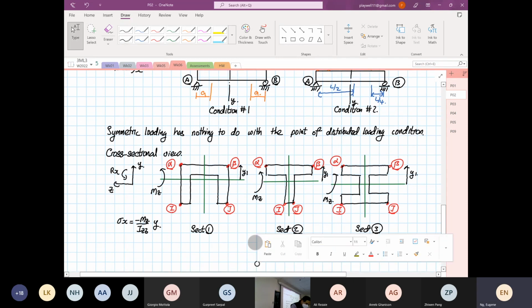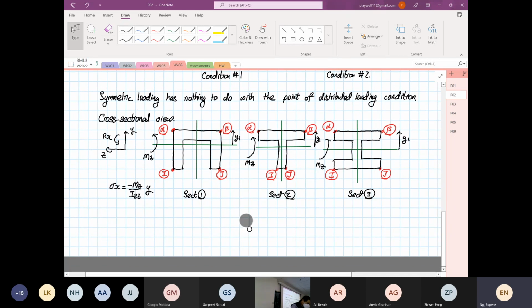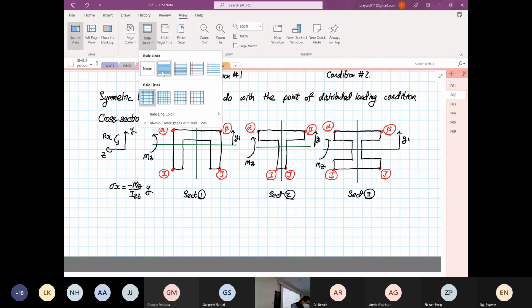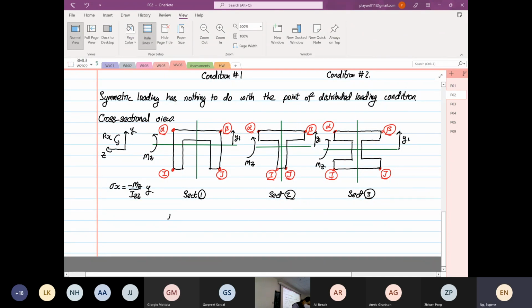If we apply the general formula, stress X at point alpha equals minus Mz over Izz multiplied by y1.